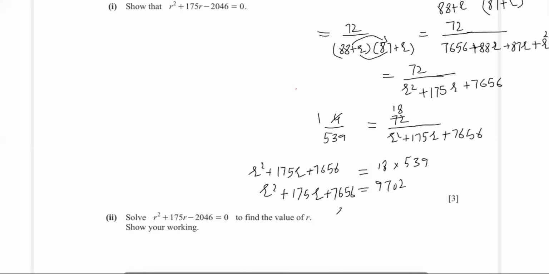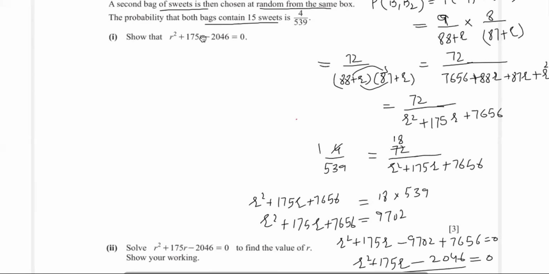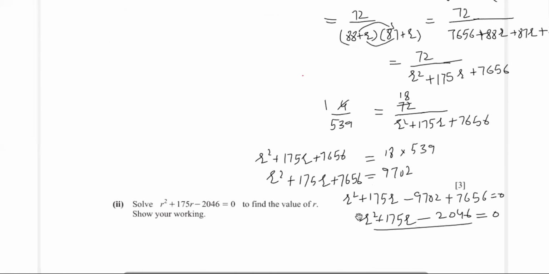Now we can write it as R square plus 175R minus 9702 plus 7656, and that will be equal to 2046, and we write it as R square plus 175R minus 2046 equal to 0, and we had to prove the equation R square plus 175R minus 2046 equal to 0. This is the proof.